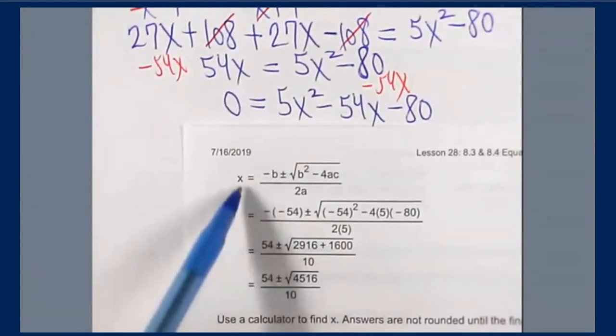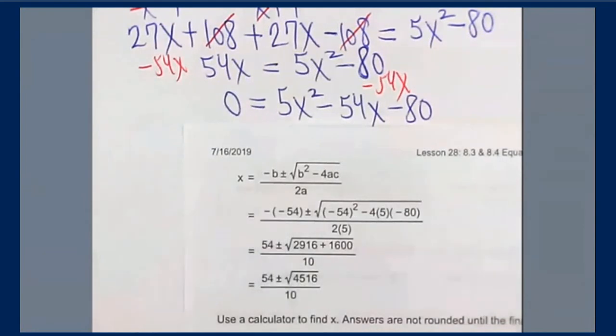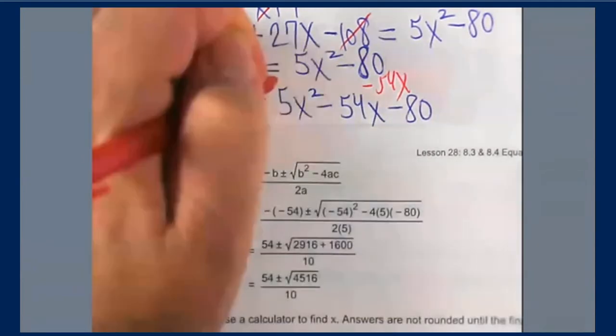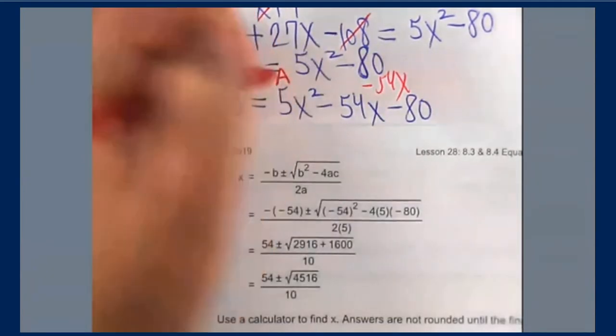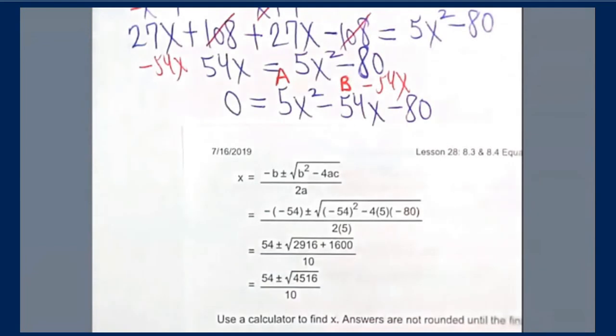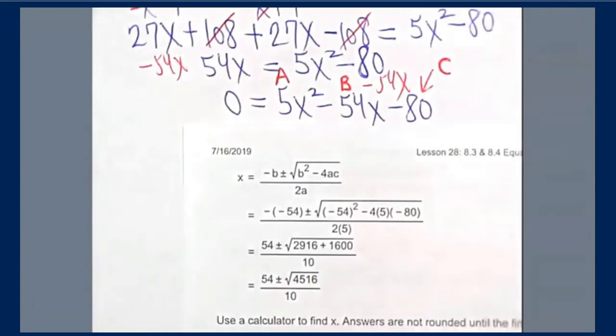We have to use our quadratic formula, in which a is positive 5, b is negative 54, and c is negative 80. So we plug those values carefully into our quadratic formula.